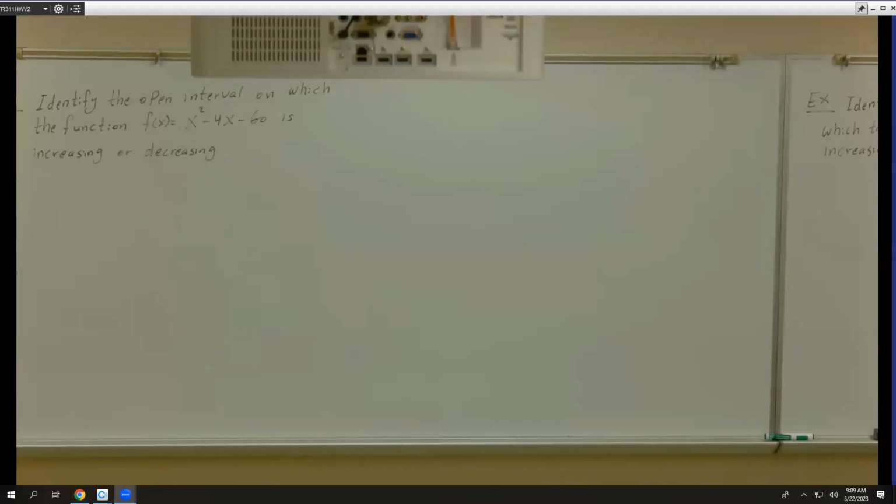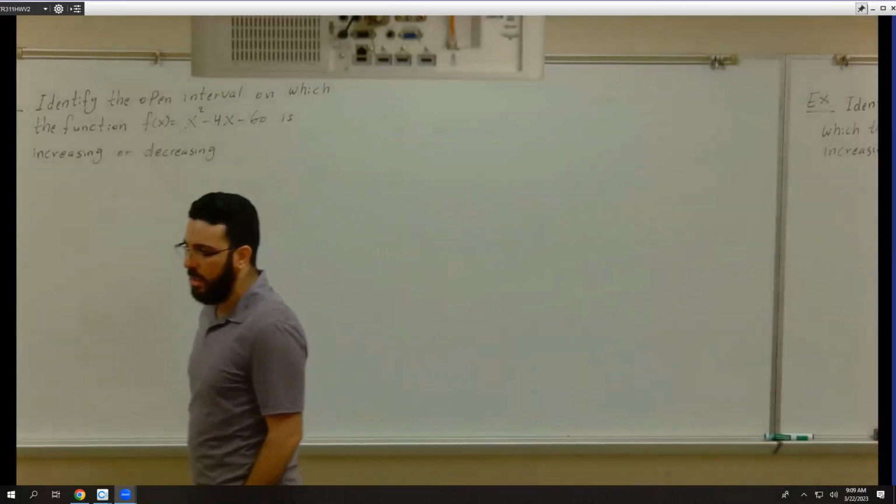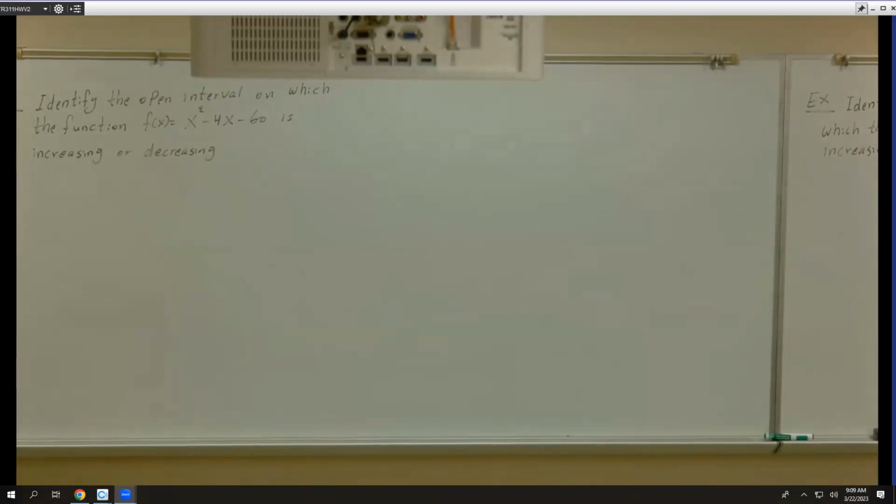Let's start with this example. Remember, our goal is to do the first derivative test. We're going to find the slope because the first derivative is the same thing as the slope. So let's check with this example. We don't have an interval, so first of all, we define an open interval on which the function is increasing or decreasing.